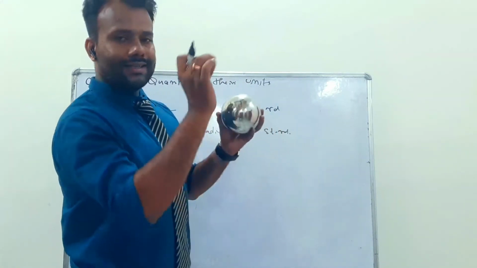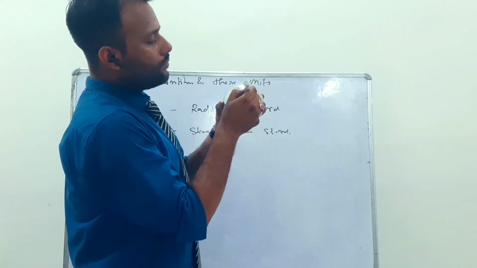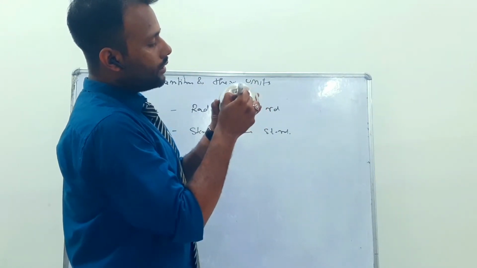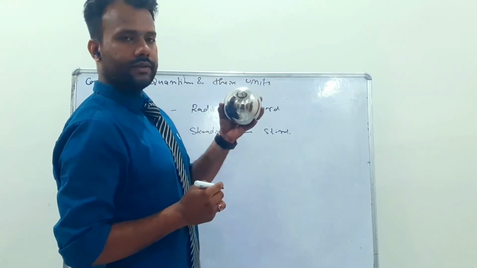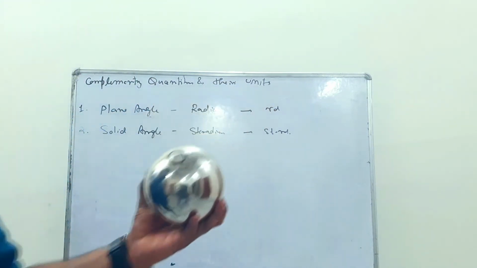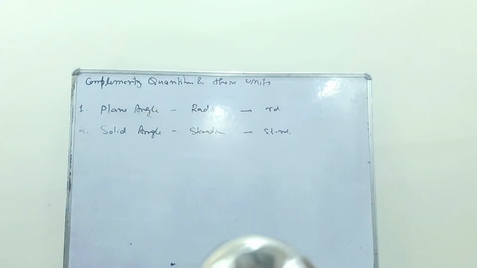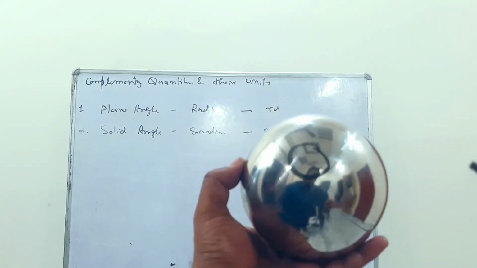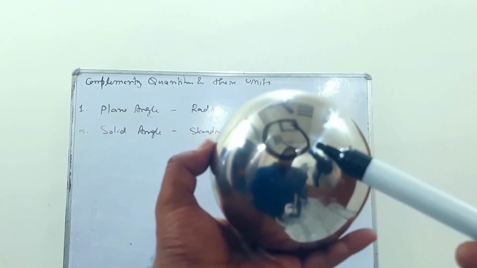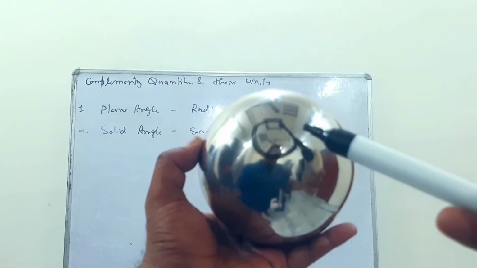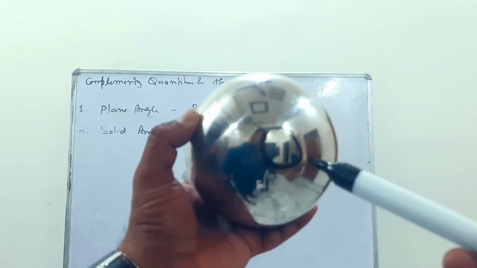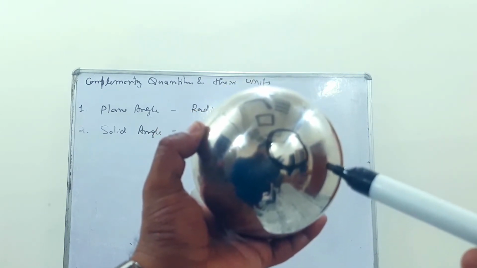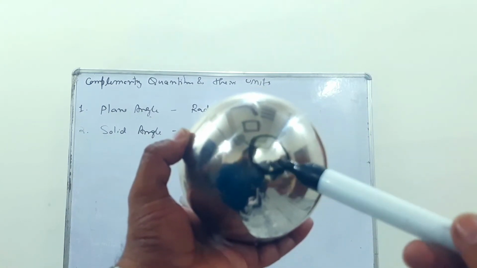Suppose you consider a small area, this, right? I'll keep it close to the camera. Okay, can you see this? I have made a circle here. Now I want to check this circle, what is the angle made by this circle at the center?